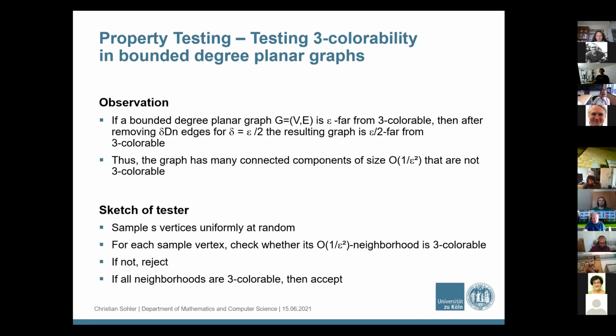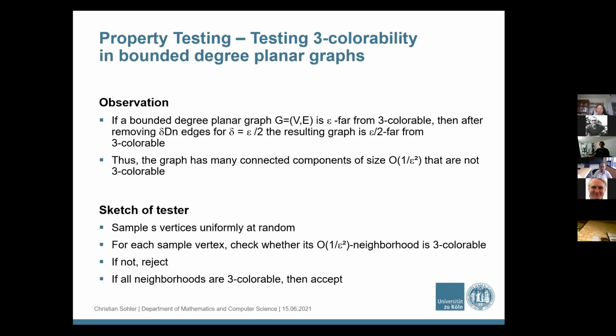Then for each sample vertex, we do a BFS up to a depth of 1 over epsilon squared in the original graph, and we check whether this neighborhood is 3-colorable. If one of my sampled vertices lies in a connected component that is not 3-colorable, then this BFS will cover the whole connected component and potentially more vertices of the graph.